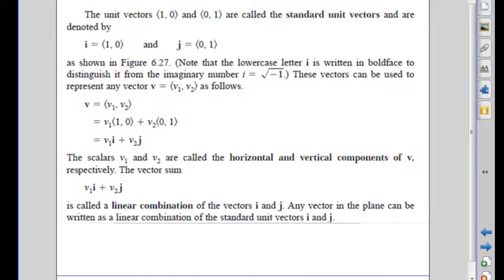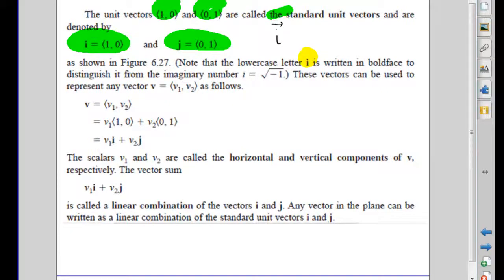The unit vectors 1, 0 and 0, 1 are called the standard unit vectors and are denoted by lowercase i and lowercase j. It's worth noting here that we use either a boldface i or an i with the arrowhead over it to distinguish it from the imaginary number i, being the square root of -1. Say you've got this vector v, whatever that is. We can actually separate it into its vertical and horizontal components.